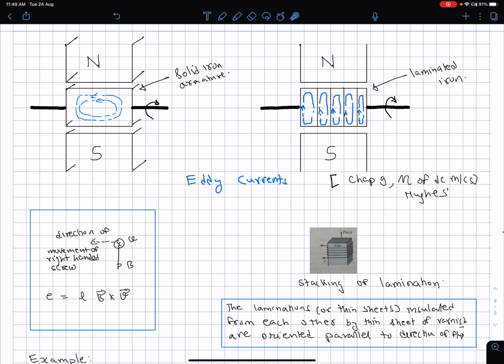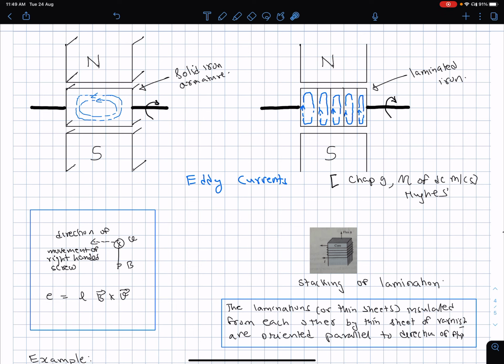If you look at the direction directly into the paper, the velocity direction here is shown by a cross, and the flux lines are coming from north to south, so B is shown here down, and the induced EMF is proportional to length and the cross product B cross V, with the two angles being 90 degrees here.